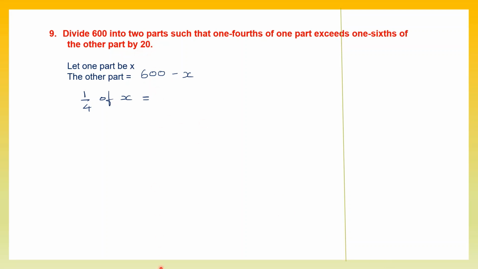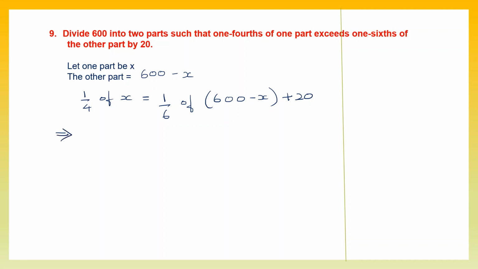So we're going to say 1/6 of the other part, which is 600 minus x. By how much is it? By 20. So plus 20 will give us this left hand side. Now I can have plus 20 on the right hand side or minus 20 on the left hand side. So we'll leave it like this, and now let's solve for x.